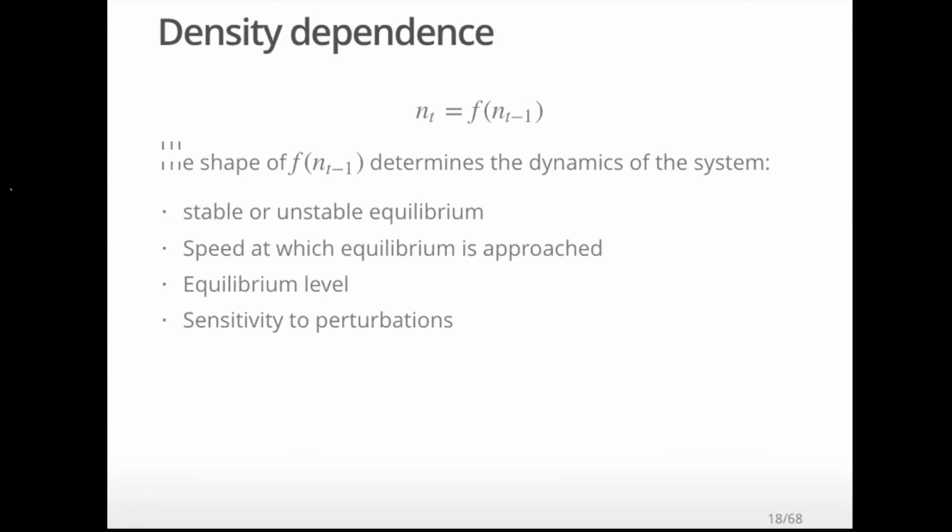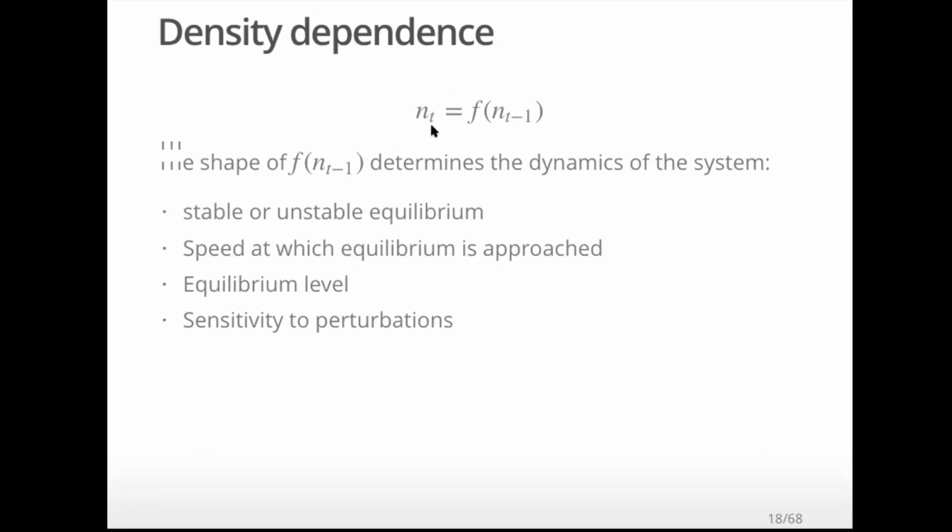And the shape of that function determines the dynamics of the system. So you have your Beverton-Holt, you have your Ricker, and now you have the Gompertz, another type of density-dependent model. So there's a whole bunch of different density-dependent models, and how they differ is in the shape of that function.